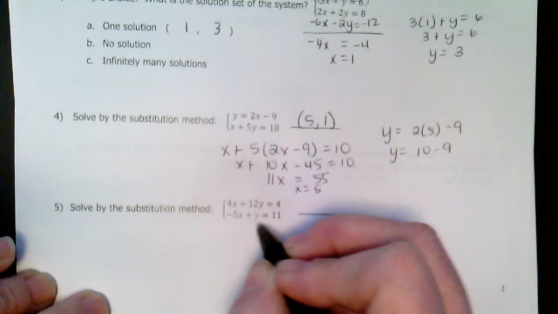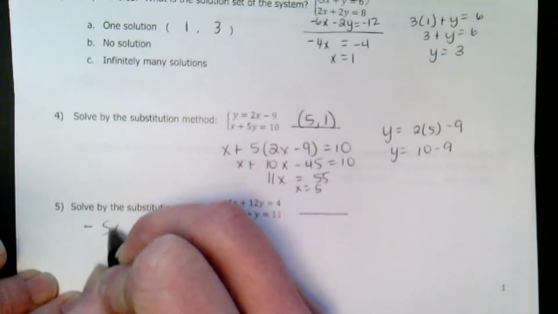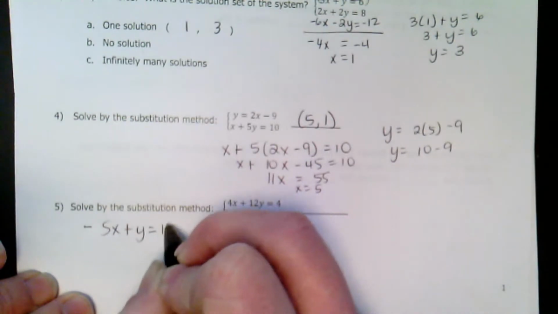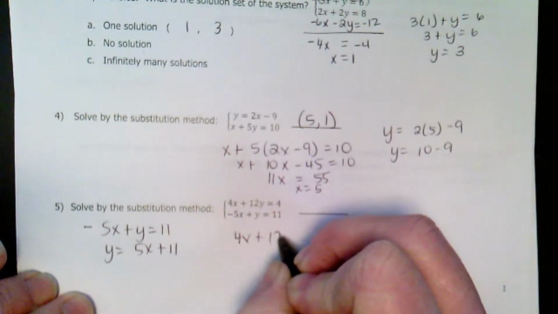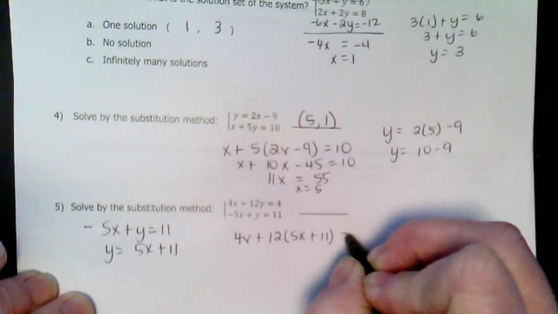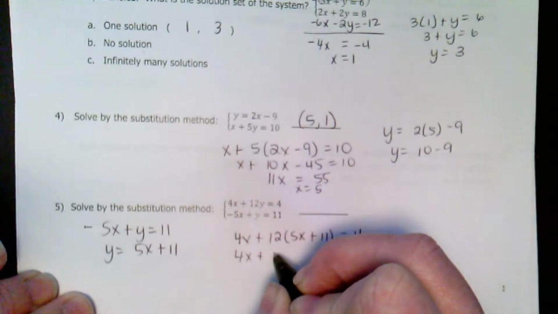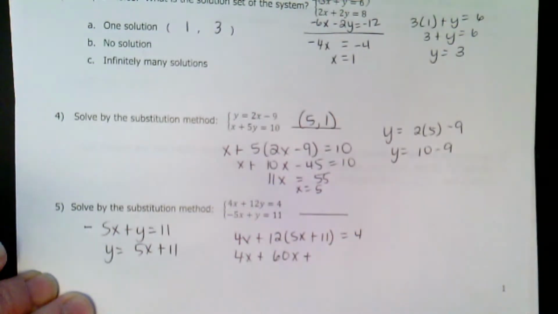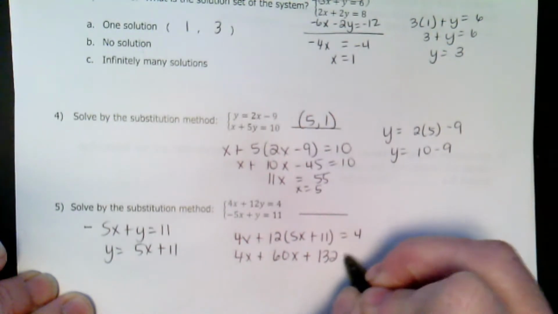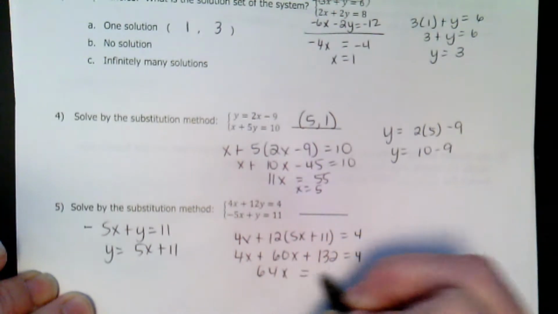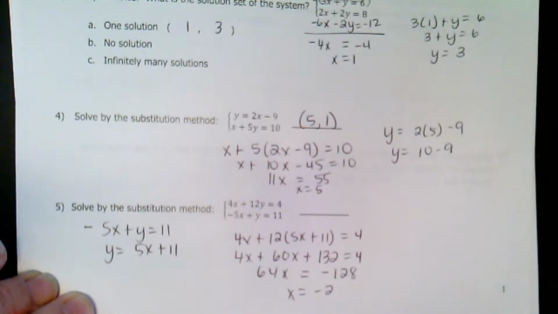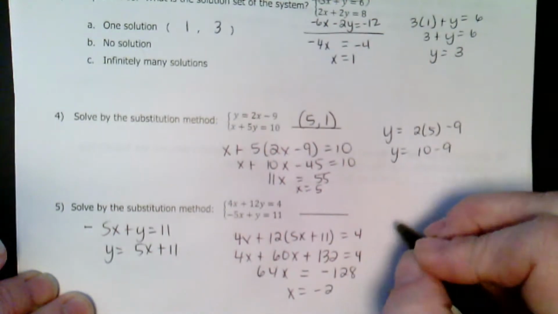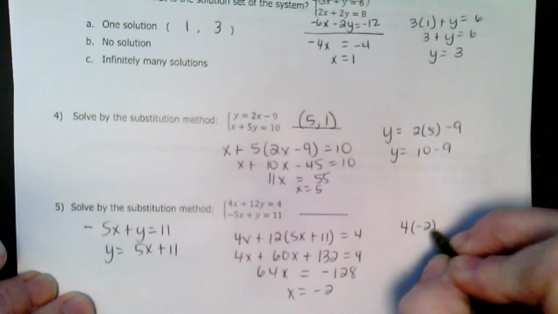Substitution again. I'm going to use my second one. I'm going to plug that into my first. and I get -2 for my x value, and then I'll plug it back into the original equation and find my y.